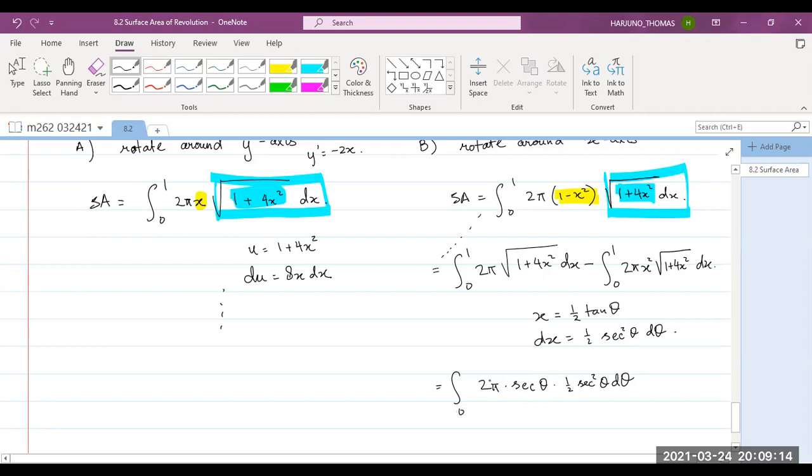When x equals 1, theta will be tangent inverse of 2. Is it right? 1 equals 1/2 tangent theta, so 2 equals tangent theta. Right? That's how I get this one.